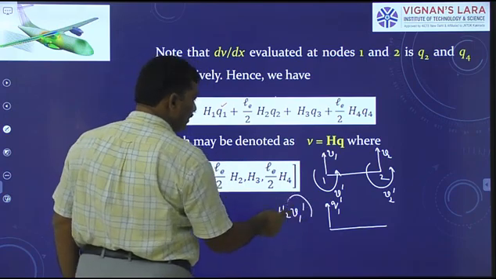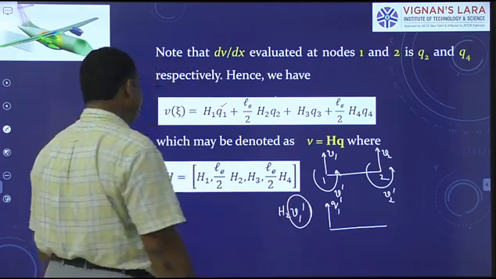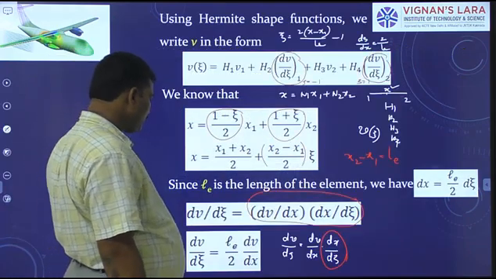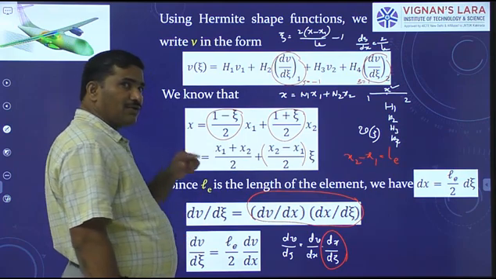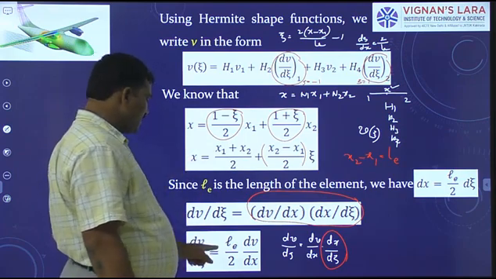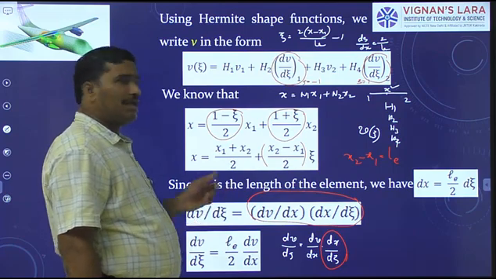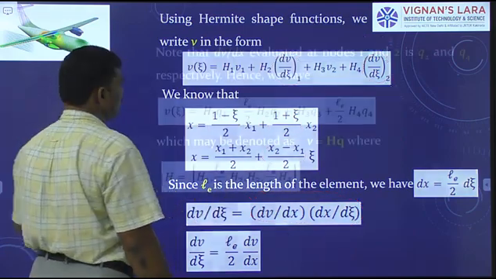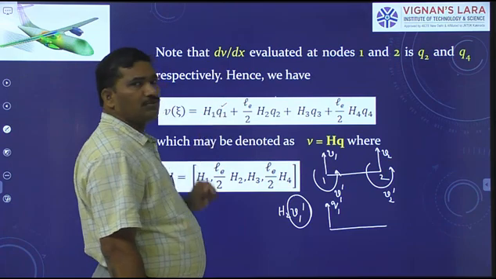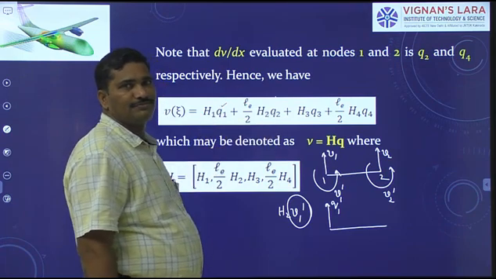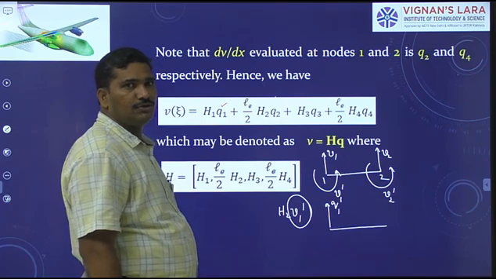But what is v1 dash? It is dV by dξ at ξ equal to minus 1. So dV by dξ equals Le by 2 into dV by dx. Therefore, Le by 2 into H2 into Q2.